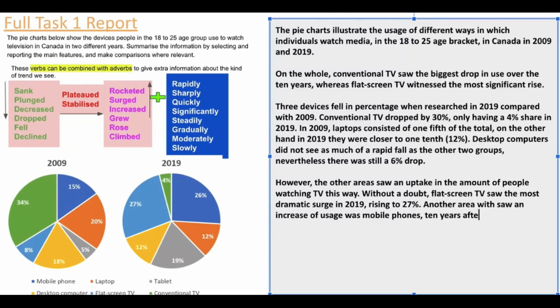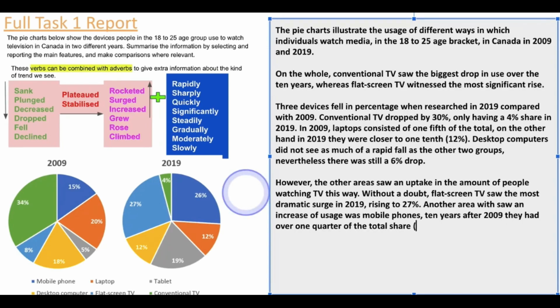Ten years after 2009, they had over 1/4 of the total share.